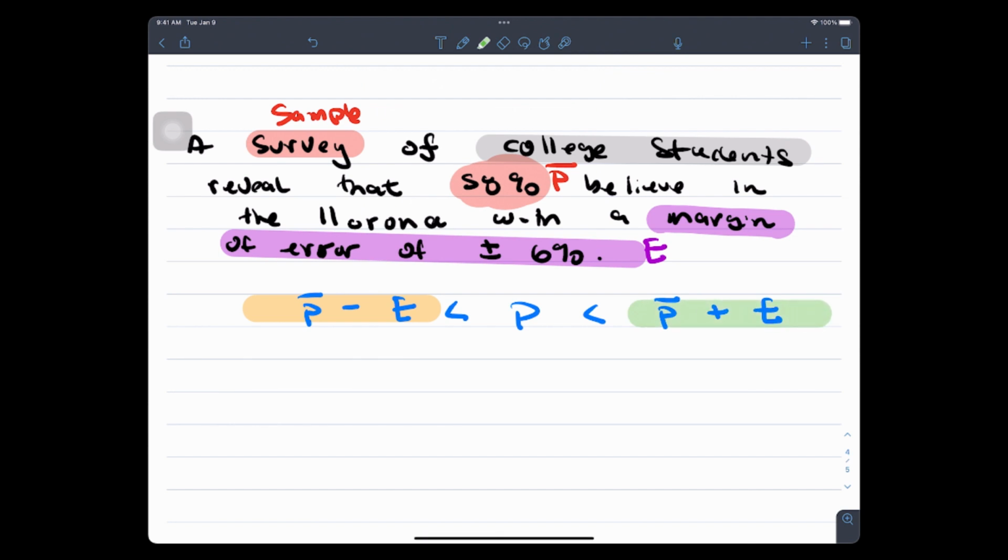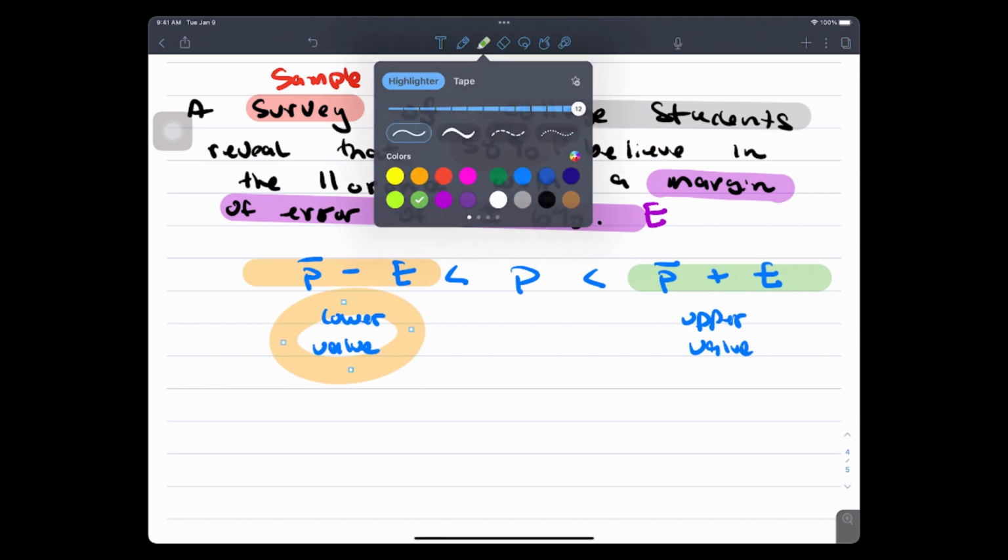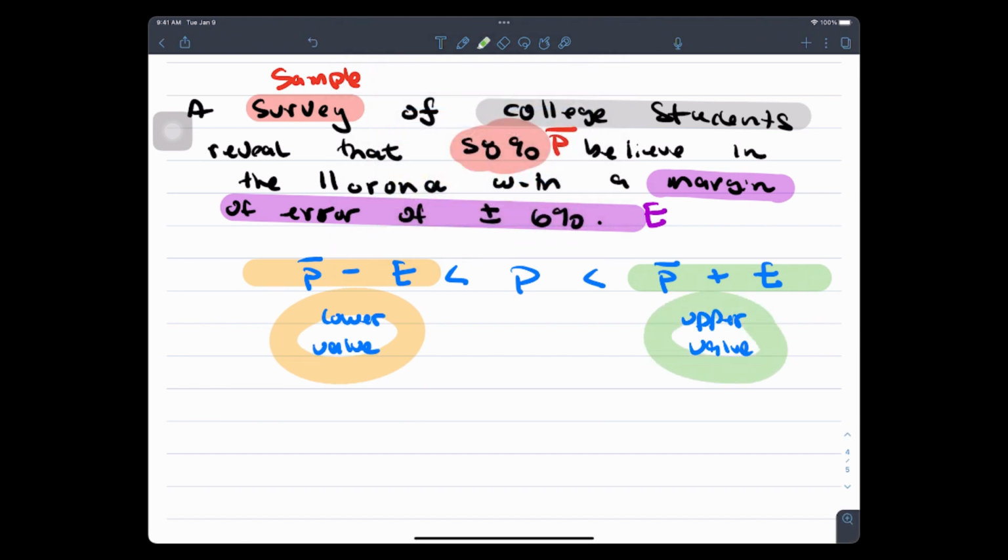You've got the lower value and you have the upper value. You okay with that? And we're writing this as an interval.